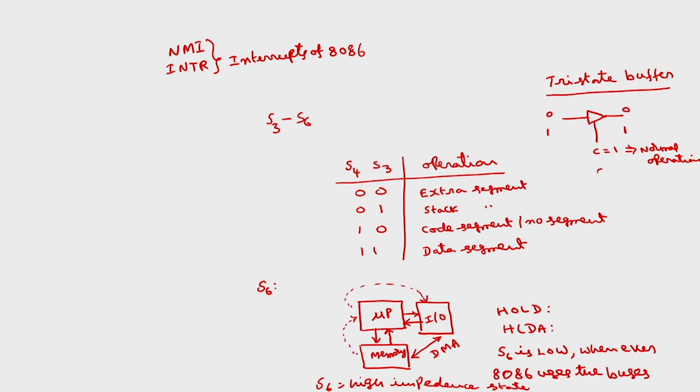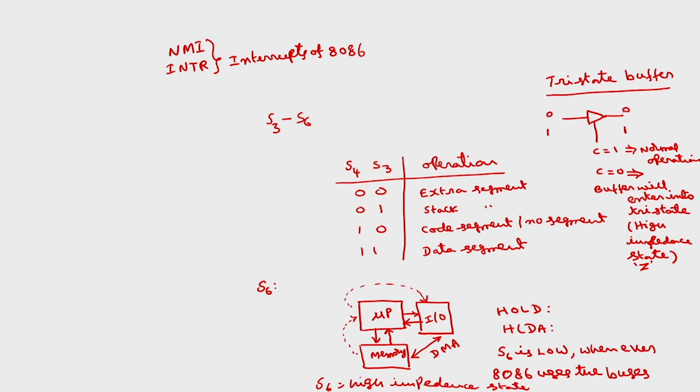If C is equal to 0, then the buffer will enter into the tri-state. Tri-state is also called the high impedance state, also called Z. High impedance means the impedance will be high.